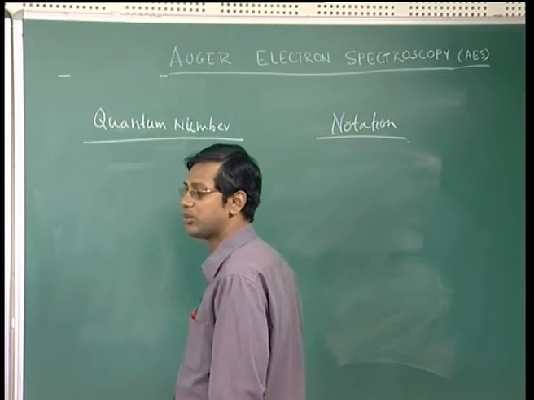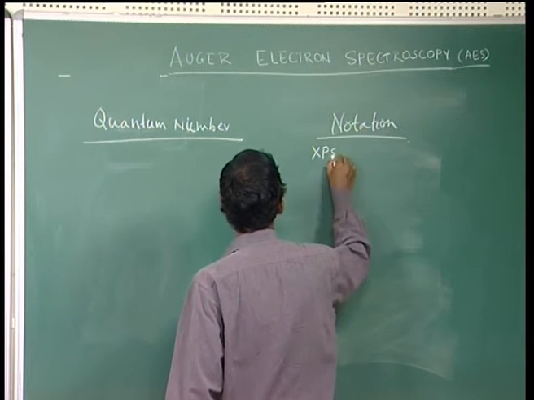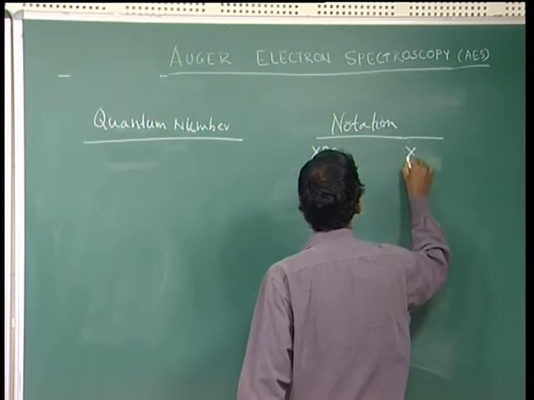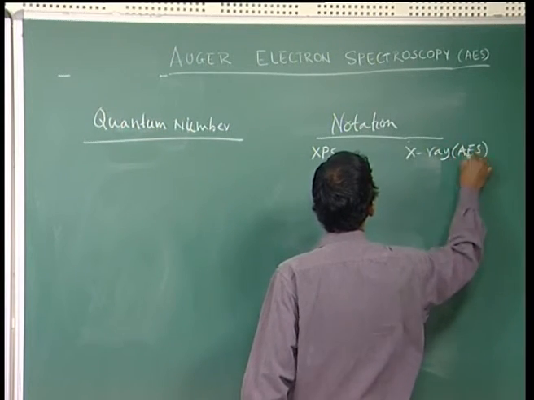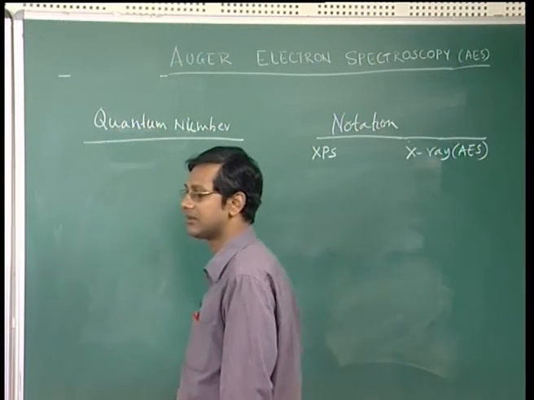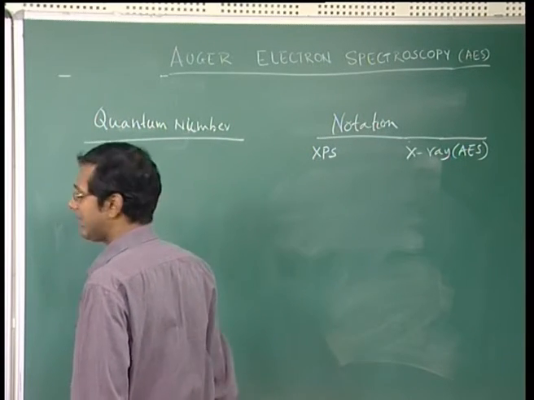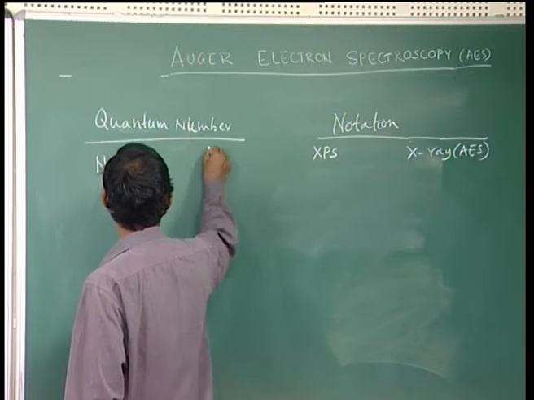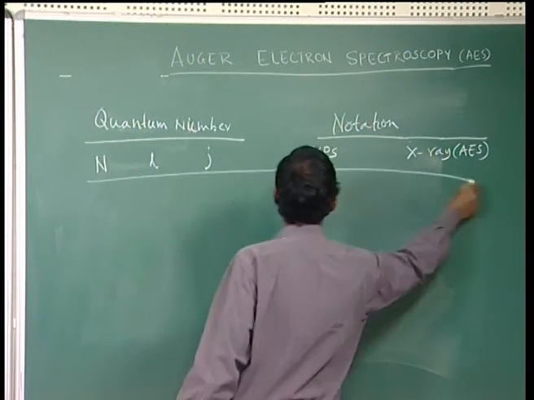So we are going to write the notations, both XPS and X-ray, and that is what is used in AES. So quantum number means n, l and j.